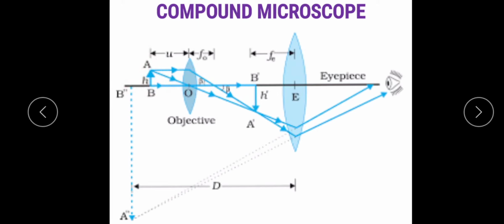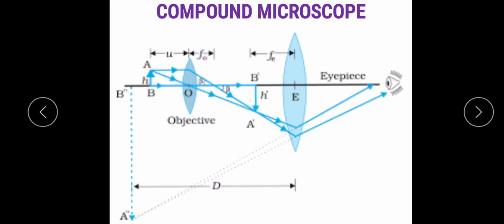The tiny object AB is placed nearest to the objective lens, slightly beyond the principal focus, which we take as F_O. Here is the principal focus F_O, and the object is present beyond it.